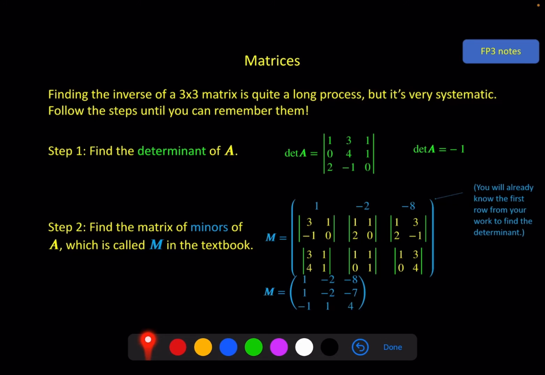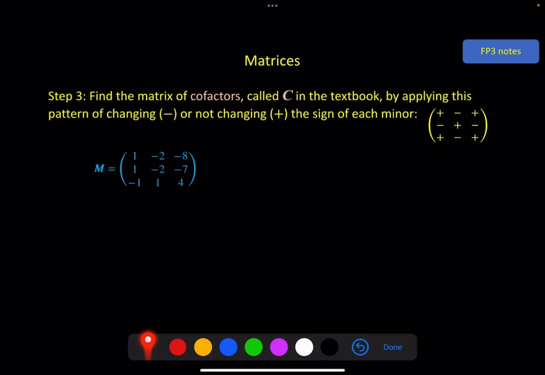Step 3 is to take these minors and find the matrix of cofactors. And how we do this is we apply this pattern here to the matrix of minors. Now it's not saying this has to be positive, this has to be negative. What it's saying is don't change this one, do change this one. So the elements of the minor matrix in these positions will be changed, i.e. we'll be applying a negative to them.